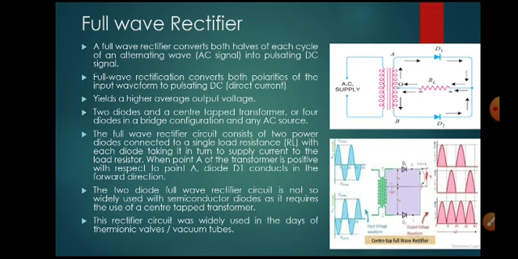For the full wave rectifier we use two diodes, and the two diodes are connected with a single load resistance. So a single load resistance is used in the full wave rectifier.